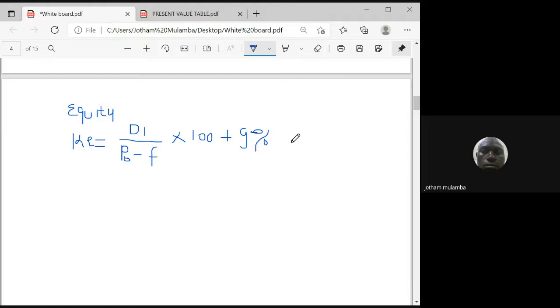Then in your book write where KE is cost of equity. D1 is dividend per share.